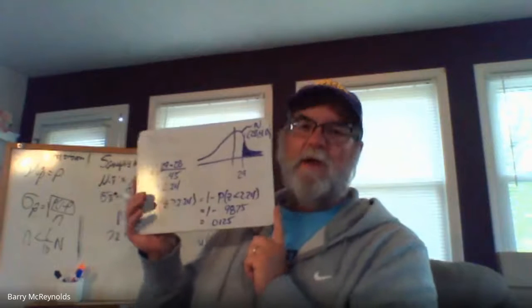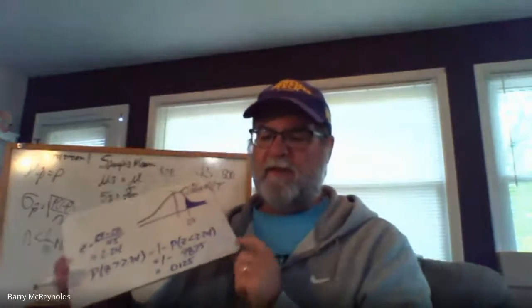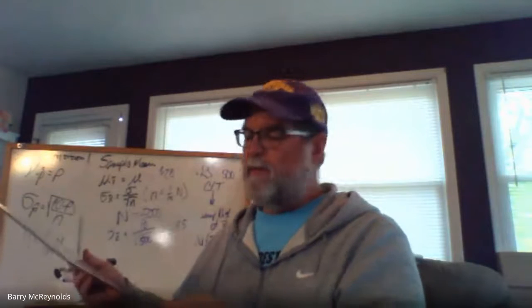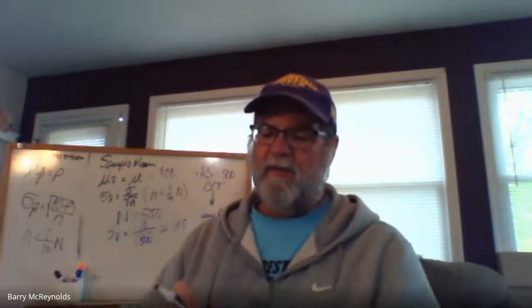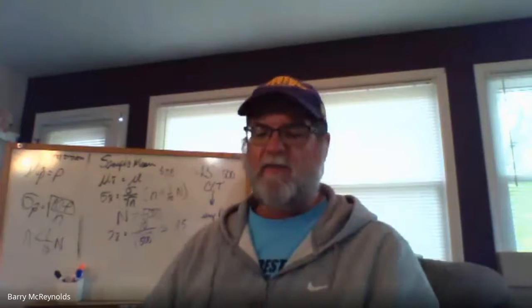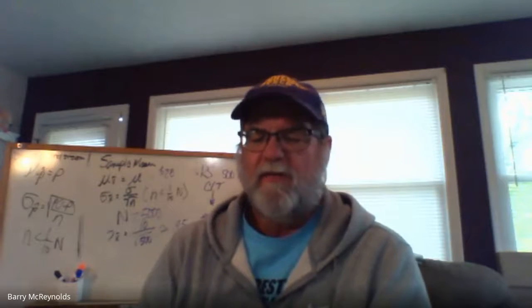Okay, so what does this tell us? It tells us the probability that a sample of households exceeds $29. So in reality, what this is telling us is that there's about a 1.25% chance that we're going to draw a sample of 500 households where the average is over $29.